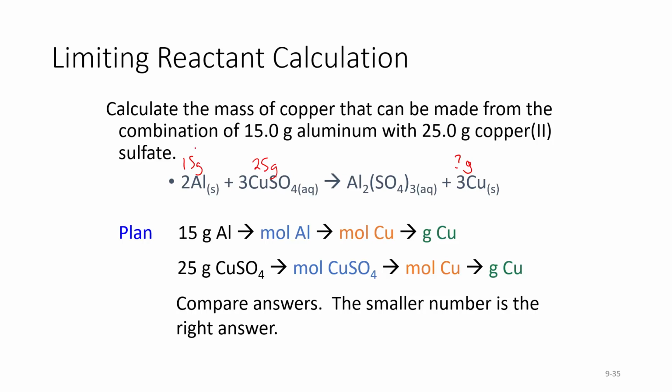So first, we're going to take 15 grams of aluminum to the product, grams of the product. Then we're going to take 25 grams of copper 2 sulfate to the product. Then we're going to compare. The smaller number is the correct answer.